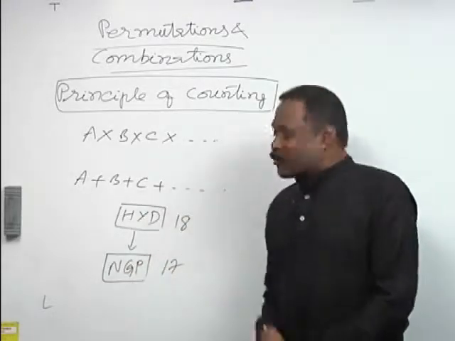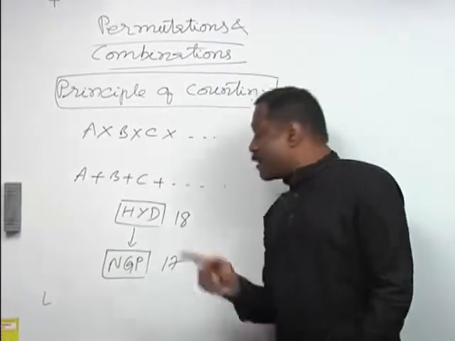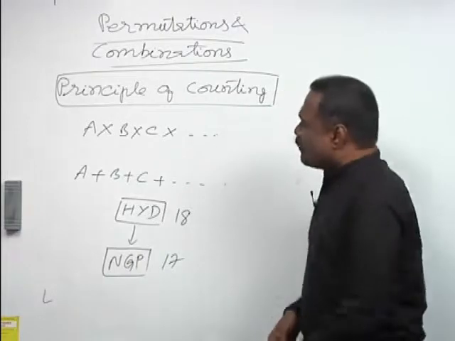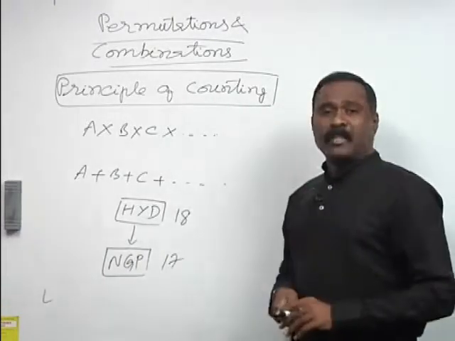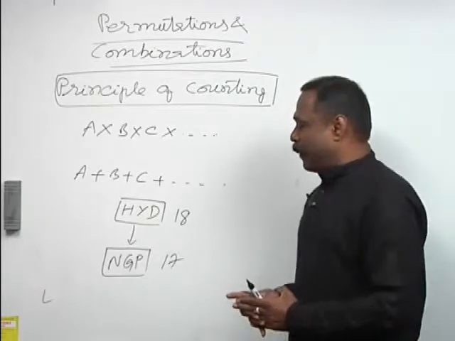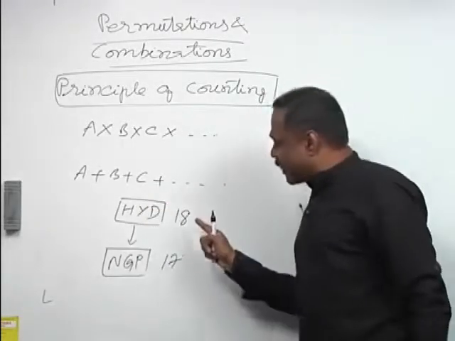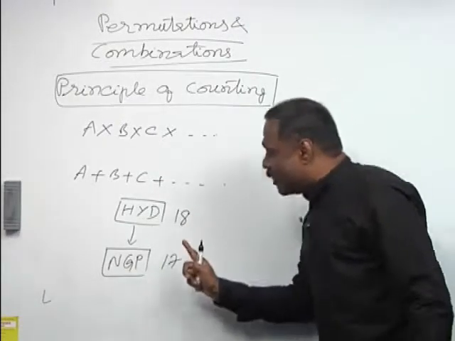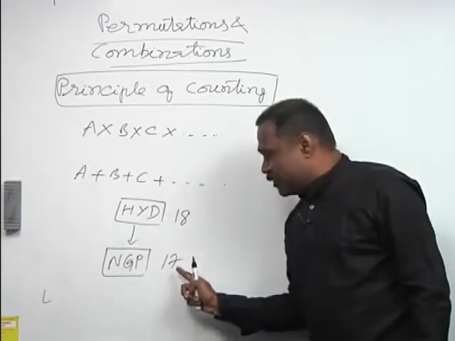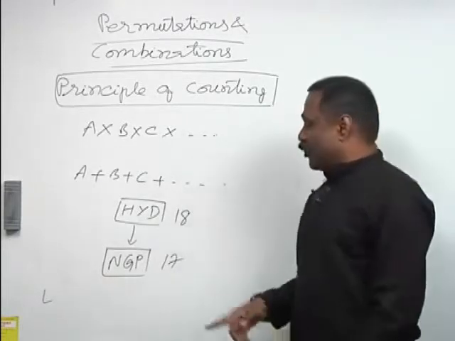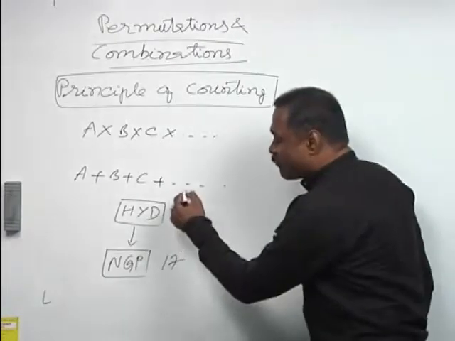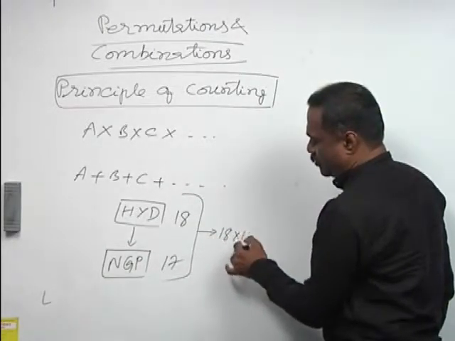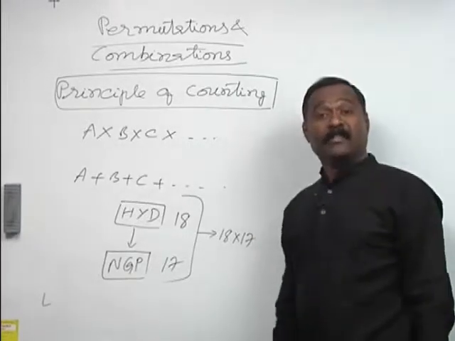So when one station already occupies one place, that station is eliminated in the second place. Here, in the principle of counting, the first operation can be performed in 18 different ways and the second operation in 17 different ways.